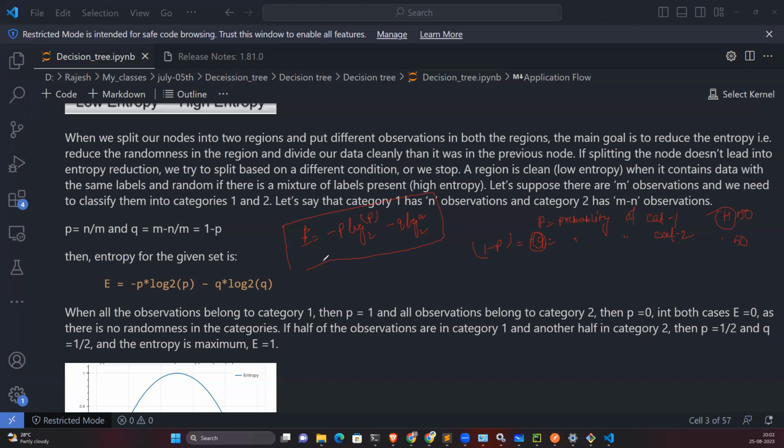Now just try to understand: if the probability of category 1 is 100%, let's suppose the P value is 1. Then what will be the probability of category 2? Anybody? Answer it. If the probability of category 1 is 100%, what will be the probability of category 2?